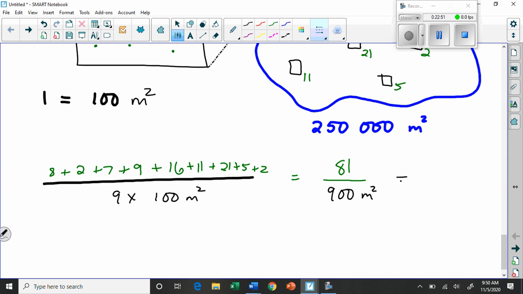And if we just do the division, right? 81 divided by 900 gives us 0.09 per square meter.